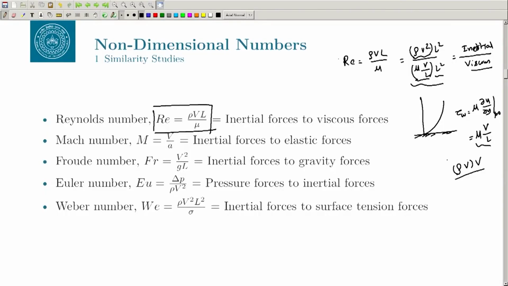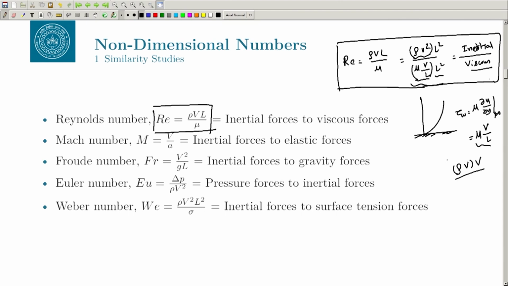On the other hand, if you go to a higher Reynolds number, the viscous forces will be small, so the boundary layer forming on the body will be very thin, but at the same time you will have the flow gradient changing in a very thin region. So, this is a very important number, given by Reynolds. This also tells whether the flow will be in the laminar region or the turbulent region.